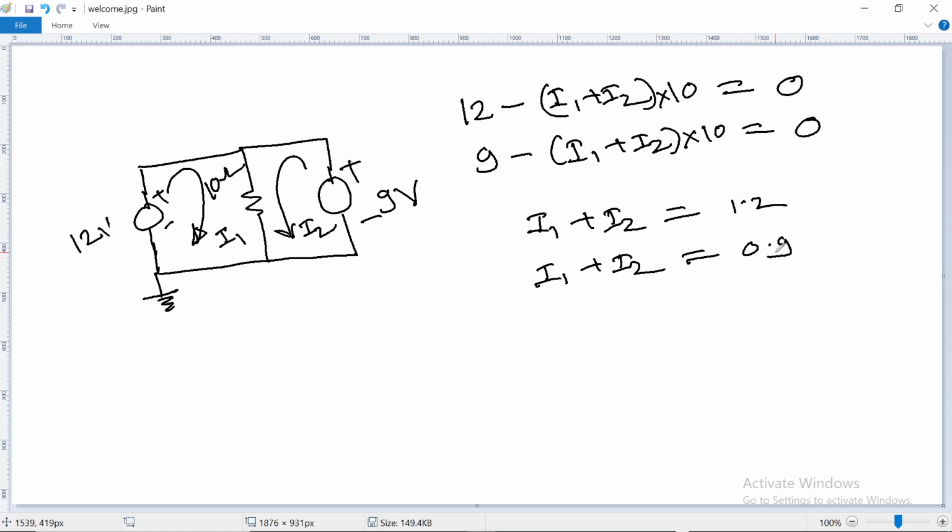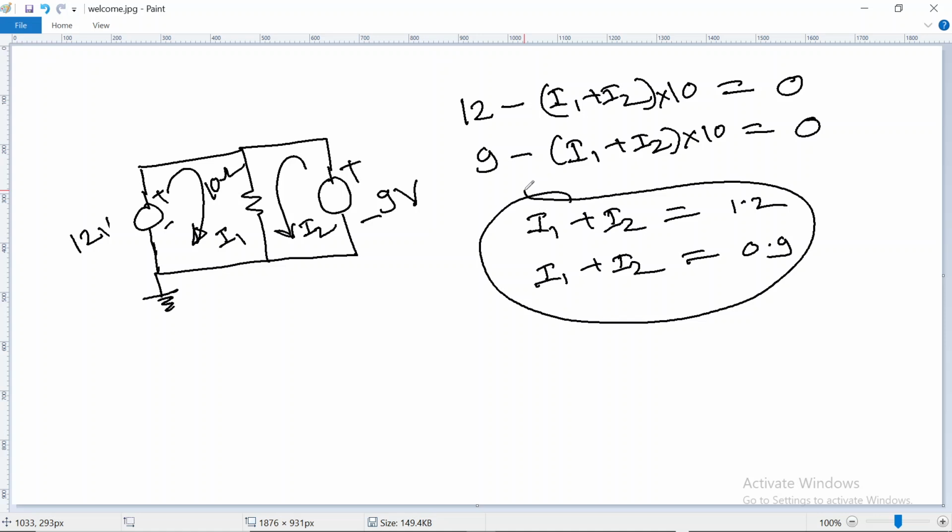There are many values of I1 and I2 that satisfy one, but no value of I1 and I2 satisfies both equations. So this is the problem. Why is it happening? When you try to simulate this in MATLAB or Simulink, it will throw an error.